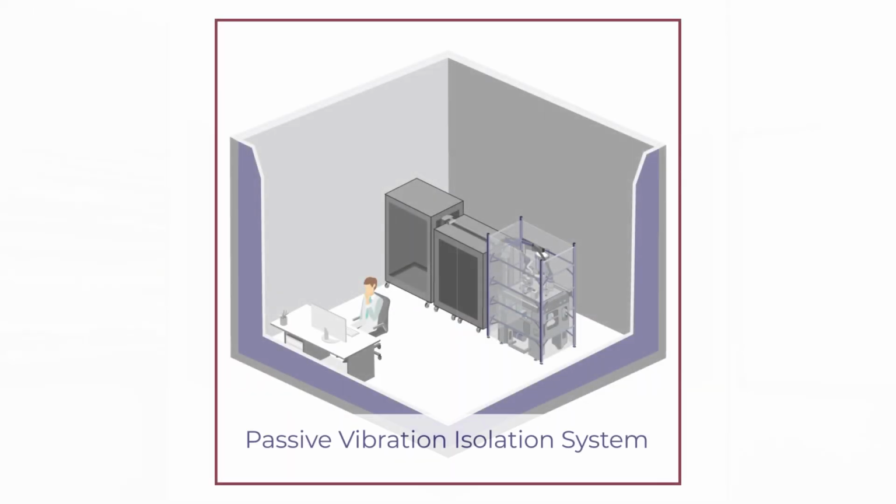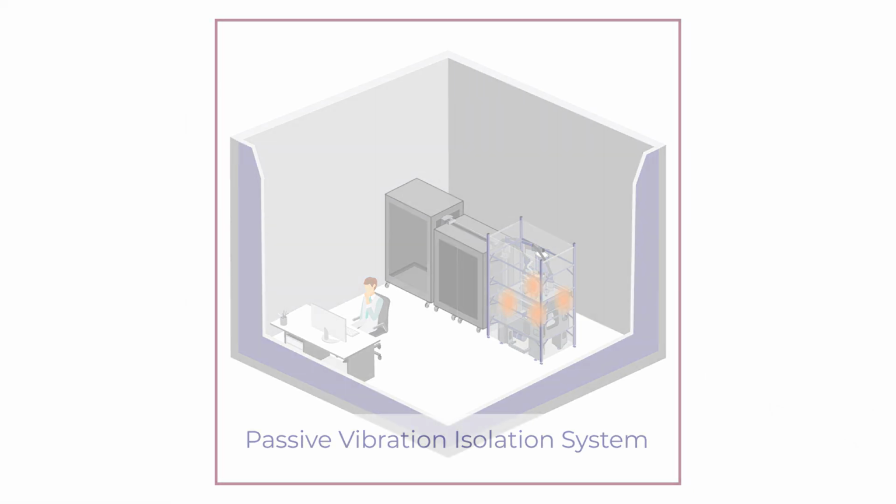So now that we've talked about both low frequency and high frequency vibration and the differences between the two, we're going to talk about active and passive vibration isolation systems and how they address the different types of vibration. We'll start with passive vibration isolation systems, because that's what you typically find onboard electron microscopes or other types of precision instrumentation.